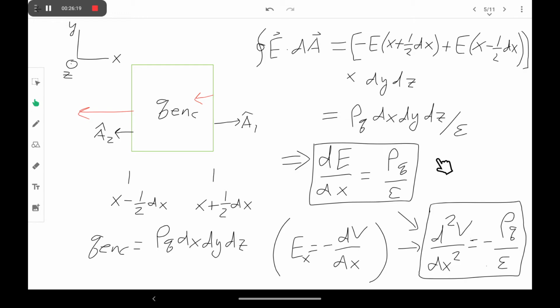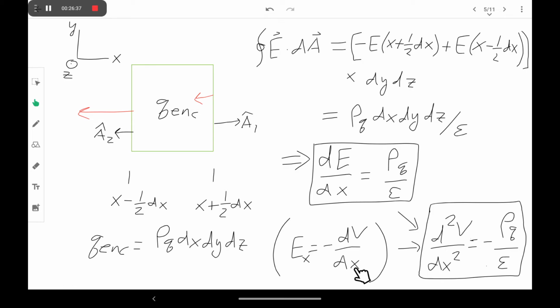Okay. Now, something that's really powerful, again back to a first-year physics class, is that the electric field along a direction, let's say x, is equal to the negative derivative of the electric potential in that direction.